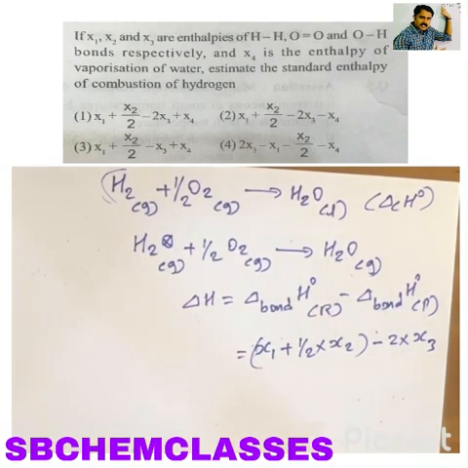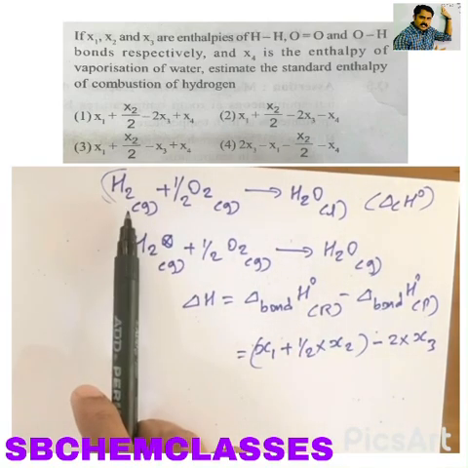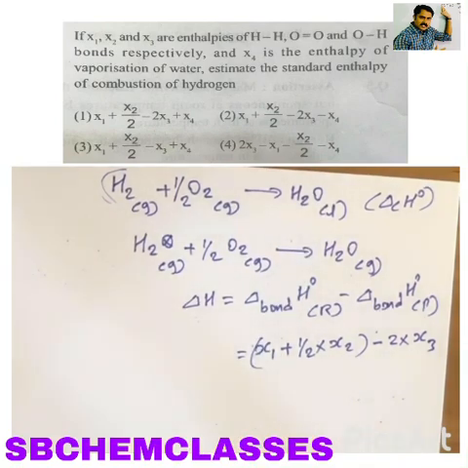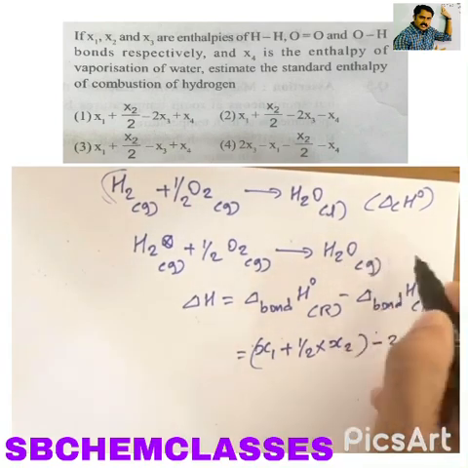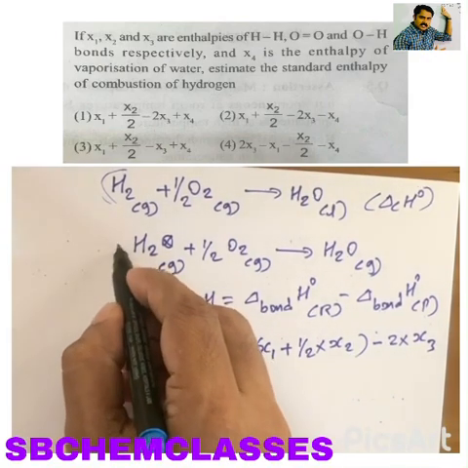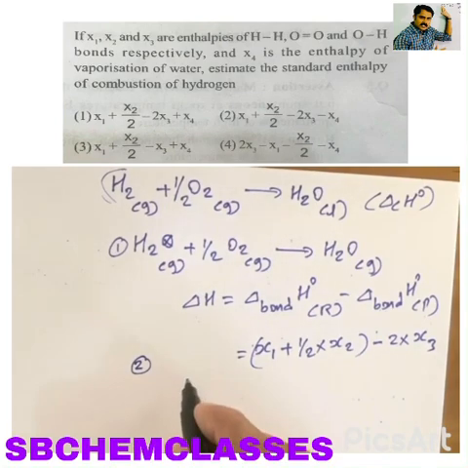But we have to determine enthalpy of combustion. In this reaction, H2 gas plus half O2 gas becomes H2O liquid. So this H2O gas should be converted to H2O liquid. Otherwise, we can simply write the reaction like this.